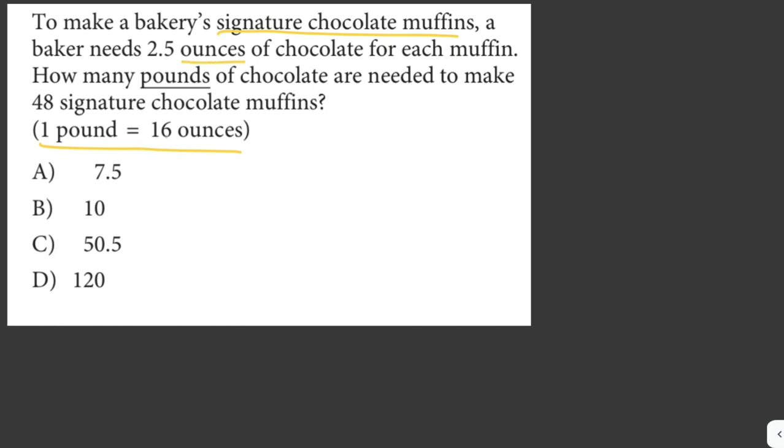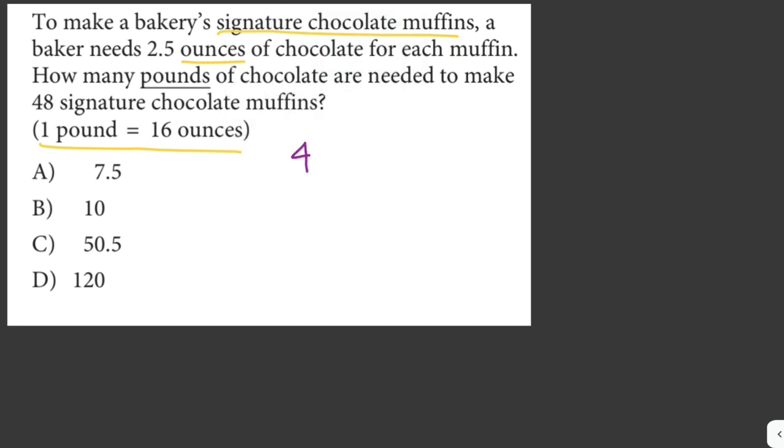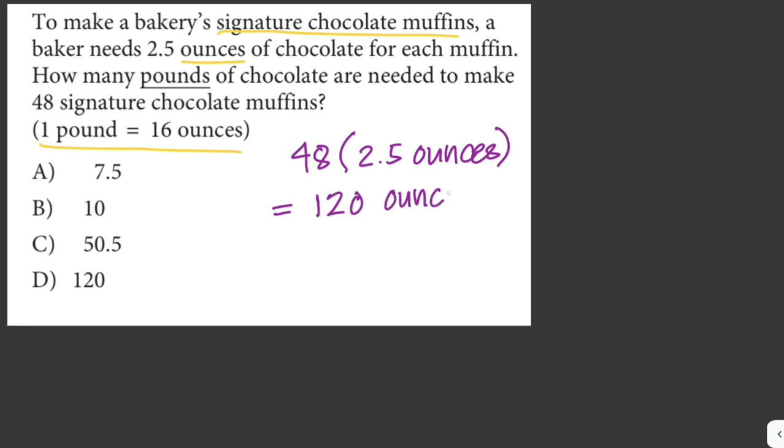So we need to make 48 signature chocolate muffins, and then we multiply that by 2.5 ounces, and this is just equal to 120 ounces.